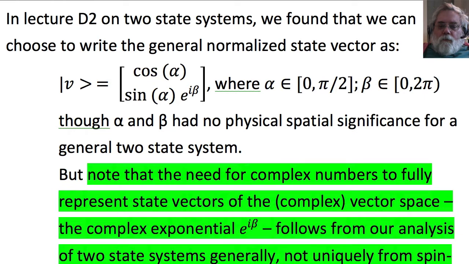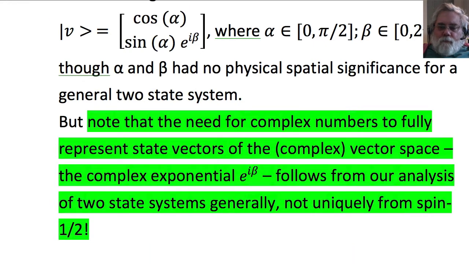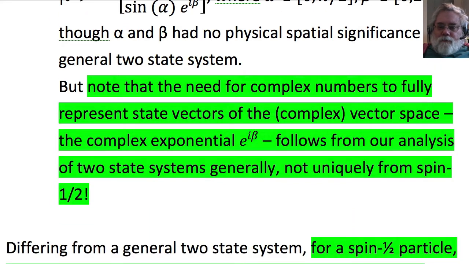But note the need for complex numbers to fully represent state vectors of the complex vector space. The complex exponential e to the i beta, in general, does not go away, and that does affect results. It gives rise to interference, quantum interference. So we need complex numbers. This follows from our analysis of two-state systems generally, not uniquely from spin 1/2, but spin 1/2 inherits that need for complex numbers.